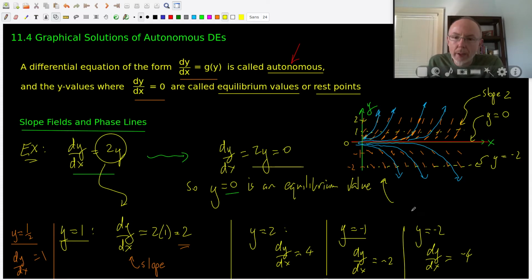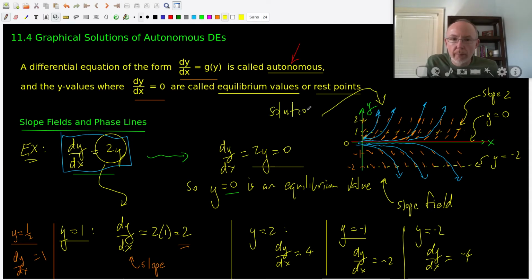And this bunch of little slope lines I've drawn, this is called a slope field. I've just gone through and drawn the slope at different values of y. If you tell me what y is, this tells me what the slope has to be. And then I can draw these blue things, and I'm calling them solution curves. And those solution curves are possible solutions of the differential equation.